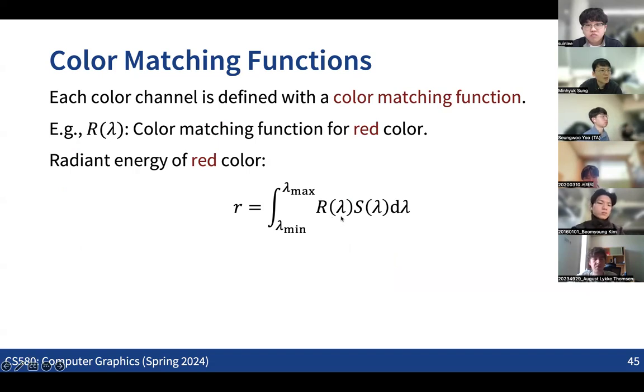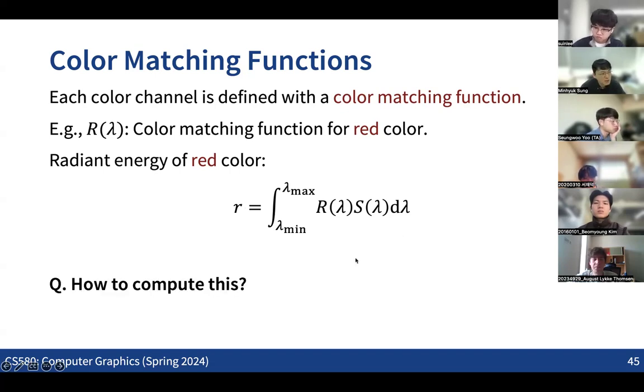Depending on how we define this matching function, we define the property of each color, and we can calculate the final color by taking this integral. So here, the quick question is: how can we calculate this integral in our ray tracing system?